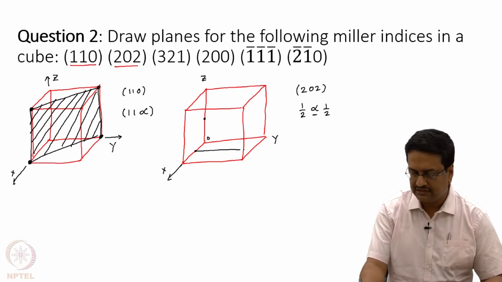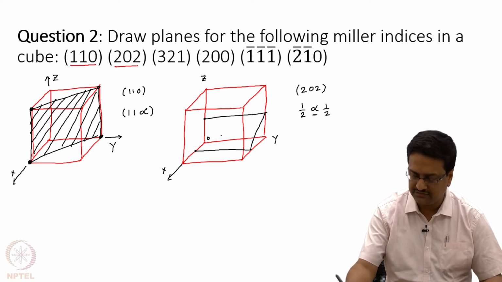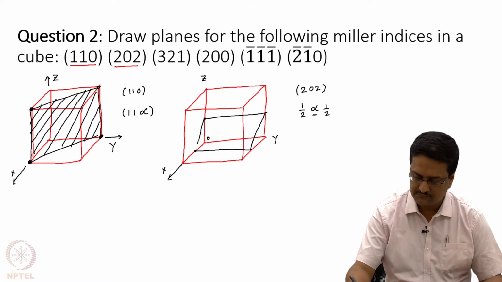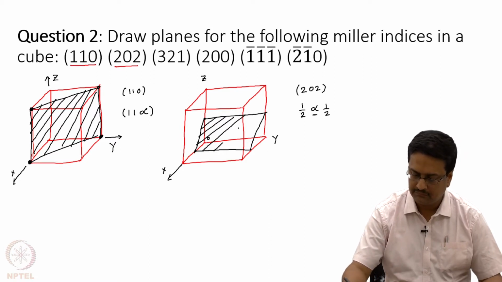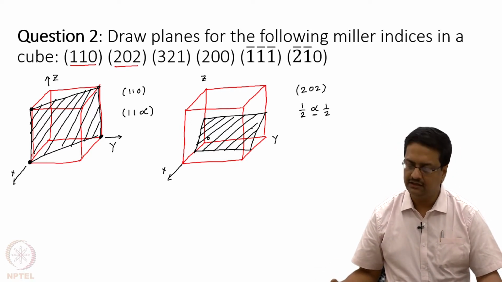So the x-intercept half means the plane should be something like this. Is that clear?